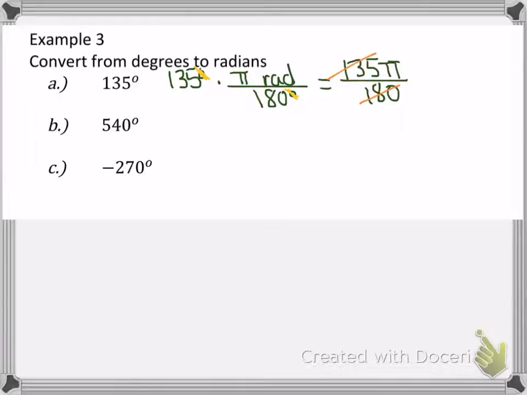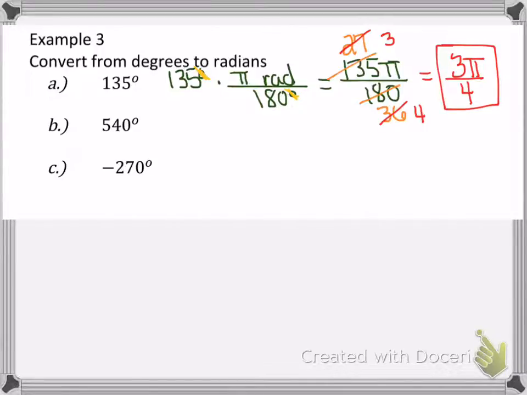First, they're both divisible by 5, so you could start small. That gives me 27, and 180 divided by 5 gives me 36. Hopefully we see that they're both divisible by 9, so we can reduce again. That gives me 3 and 4. So my final answer is 3 pi over 4, which is equivalent to 135 degrees.